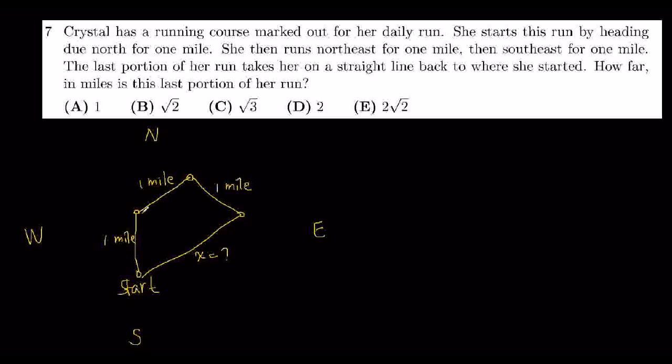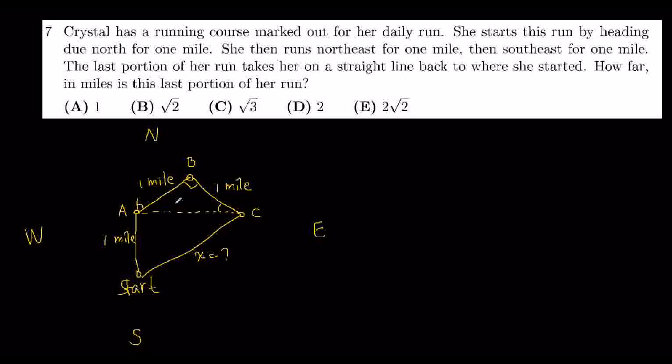So if we add a line here, we're going to see this triangle here, A, B, C, is isosceles, 1 and 1, right? And actually this will be a right triangle because it's 45 degrees here, and again 45 degrees here because of the direction she's running, either northeast or southeast.